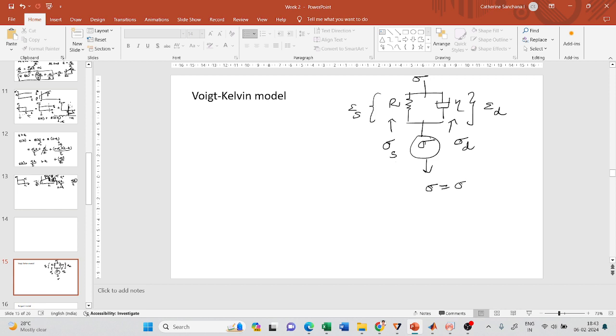So sigma is equal to sigma s plus sigma d. It is exactly the opposite of what we saw for a Maxwell model. Since the total deformation should be the same as the deformation undergone by the spring and the dashpot, the total deformation is equal to the deformation undergone by the spring, which in turn is equal to the deformation undergone by the dashpot.